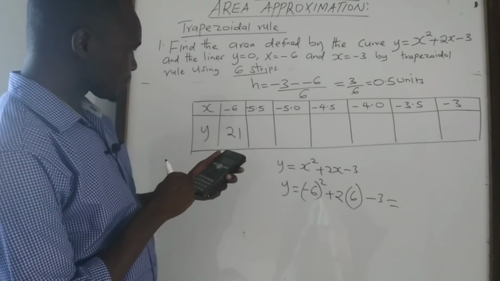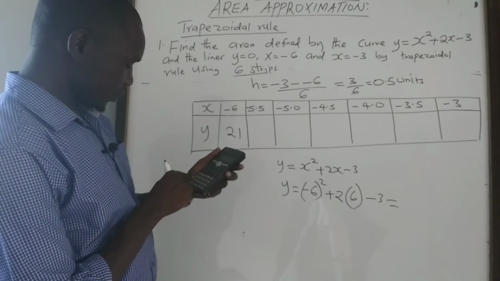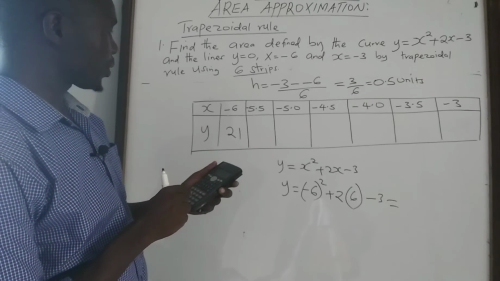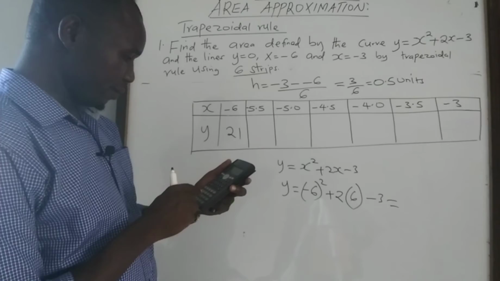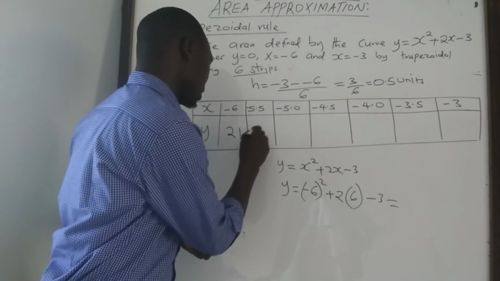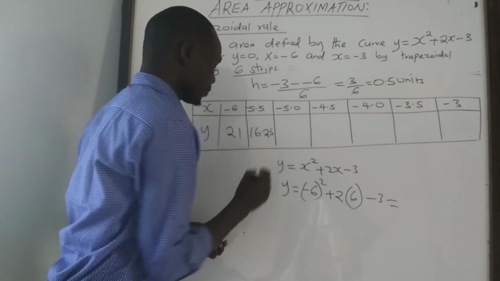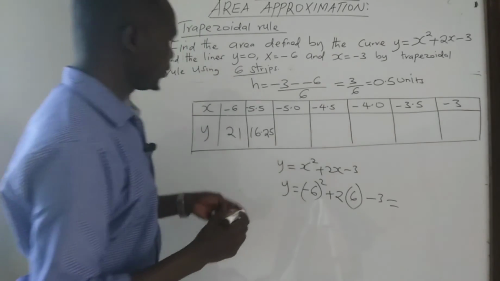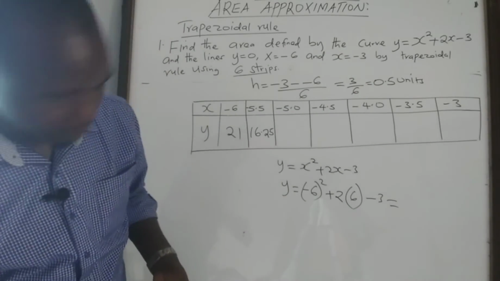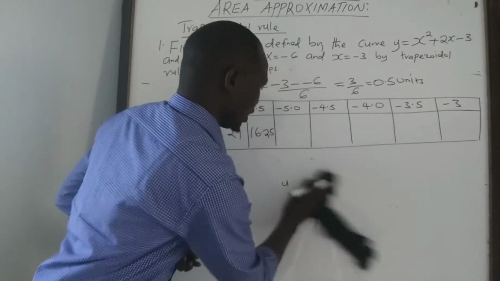Then we add twice the value of x, which is minus 5.5. If we minus 3, we are going to get the value that is actually 16.25.